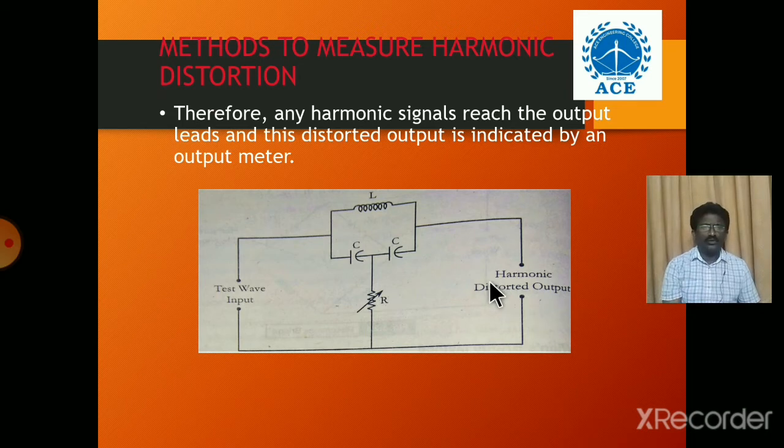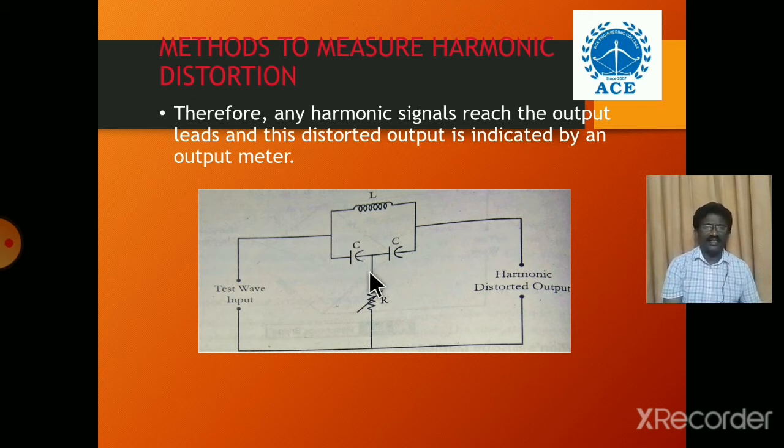The input inductor L and capacitors C are tuned to the fundamental frequency, because they act as a tank circuit. So you can call it a tuning circuit. With the help of the values L and C, you can tune to the fundamental frequency.